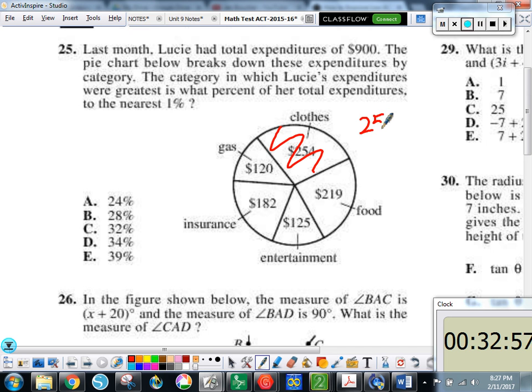So 254 out of the 900 will give us a percentage. 254 divided by 900 is 28.22. So we'd say 28% is Lucy's greatest percentage. Okay, try number 26.